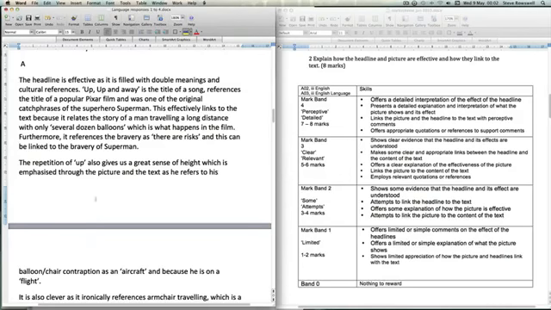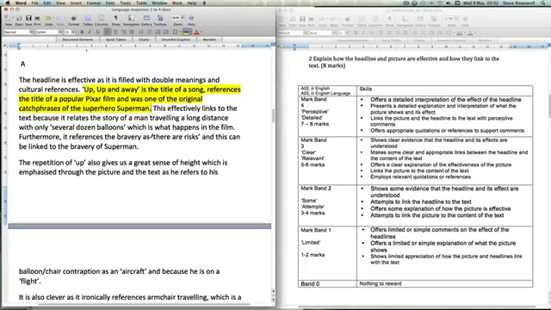In contrast, you can see that the A candidate has a sophisticated awareness of the headline's purpose and also understands its wider references. This also means that the A candidate has an understanding of the target audience of the article. They mention links between the language of the headline and the cultural references it makes.